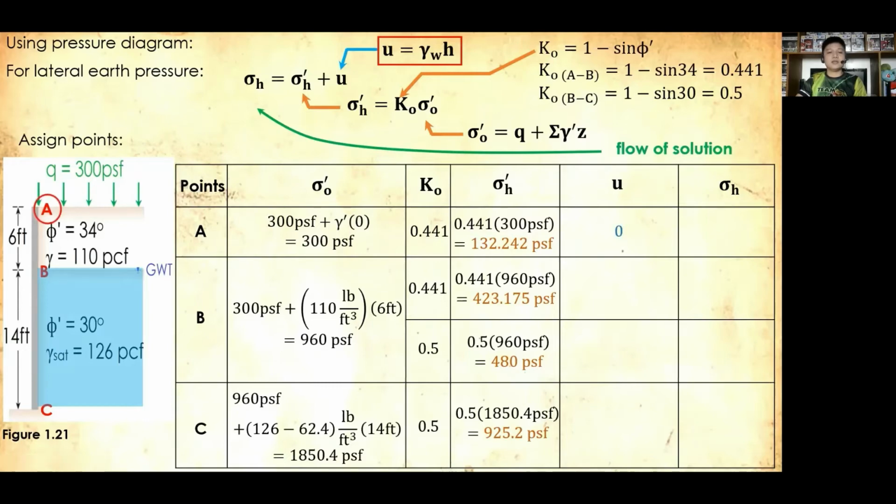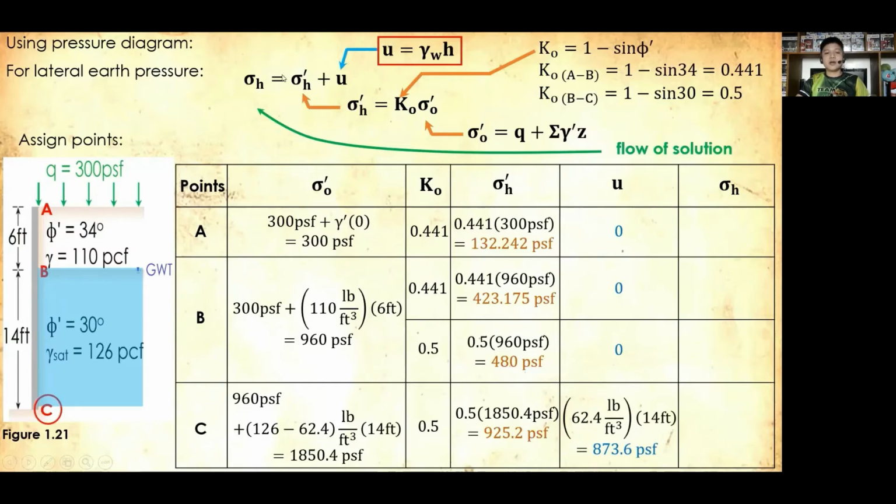While at point B, since that is the starting point of the pressure, even though that is at the surface of the groundwater table, the height of that water is still equal to 0. Therefore, gamma of water times the height, that is 0, is equal to a pore water pressure of 0. So from that point B, the surface of water, it will definitely increase uniformly up to point C with the value that is 873.6 psf.